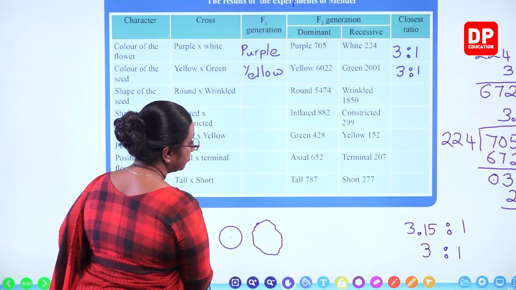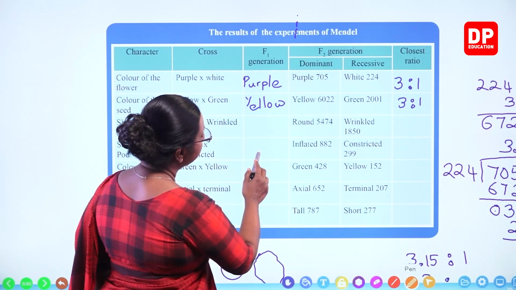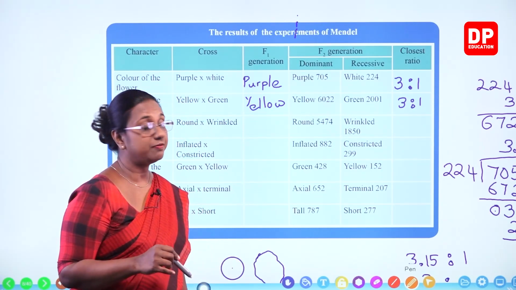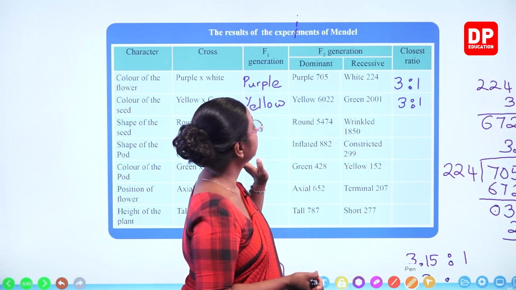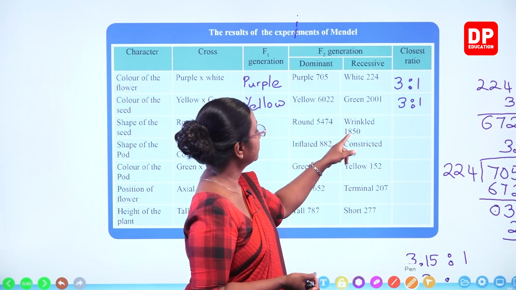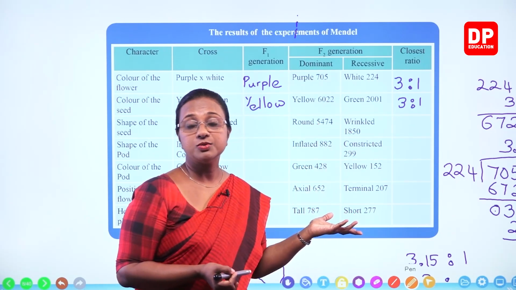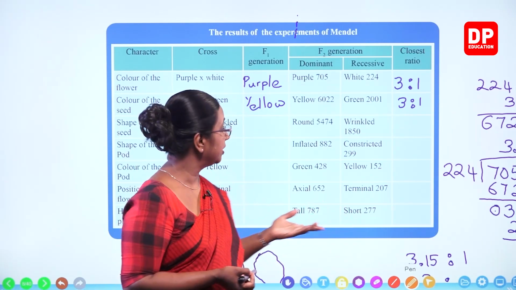So there you will see round and wrinkle, 5474 is to 1850. Now you can see he has used about 8000 plants. 5000, 2000, 2000, so it's almost 7500 to 8000 plants. A large number of plants were used.